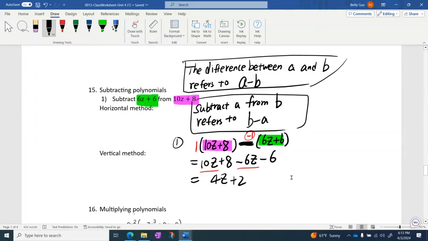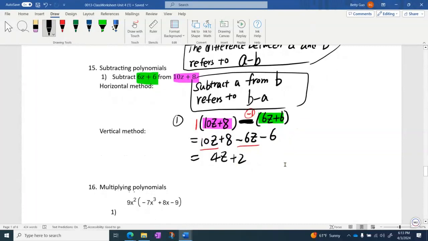The second thing is to use the parentheses. Use the parentheses to frame the two polynomials in the subtraction, and then apply the distributive property to remove the parentheses. There's a benefit of doing that. Without the parentheses, you very likely mess up the sign. So I strongly recommend using the parentheses.